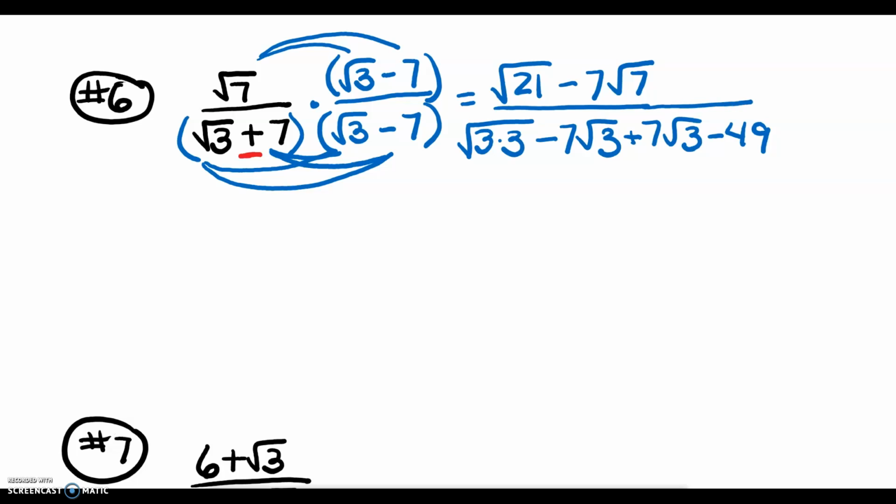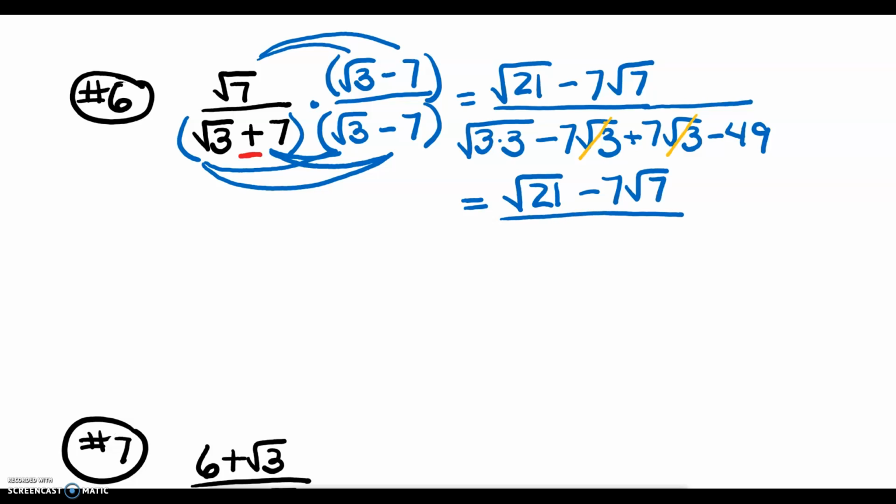Those inside and outside terms should always cancel out. So we have our minus 7 radical 3 and our plus 7 radical 3. 21 is just 3 times 7. There's no group of 2, so that stays the same.